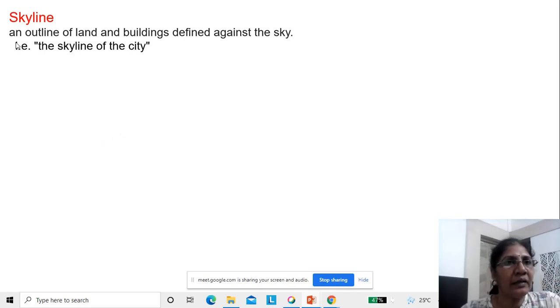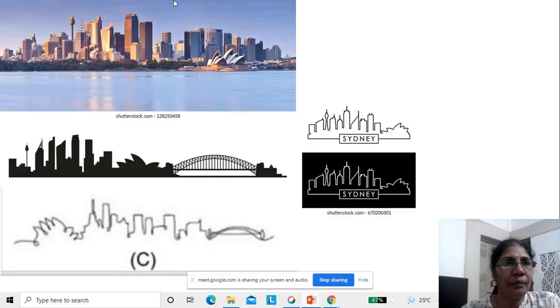What is a skyline? An outline of land and buildings defined against the sky. For example, we normally say, this is a very usual term, that the skyline of the city is very interesting. So what is a skyline that you could see?